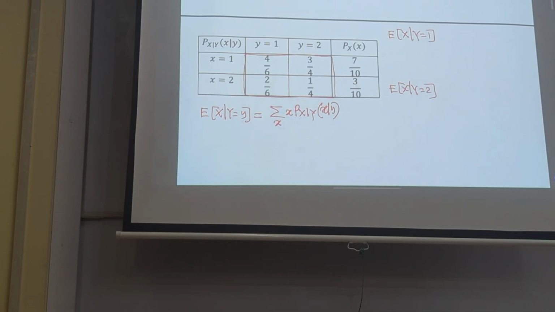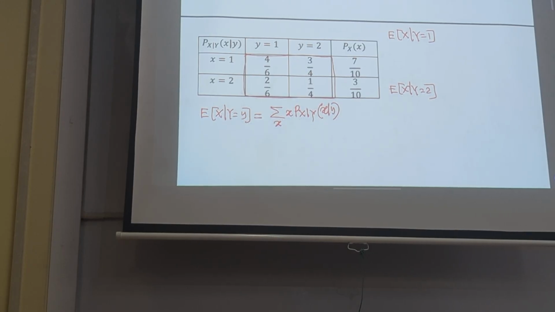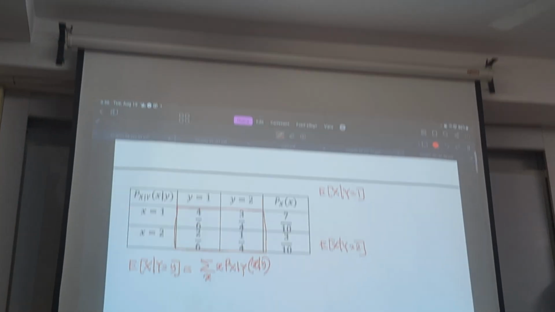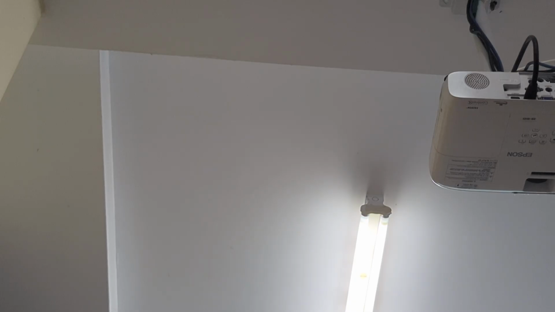Conditional expectation of x given y equal to 1, can we do that? This is very simple. What will it be? This one is equal to 1 times 4 by 6 plus 2 times 3 by 4. 3 by 4? No, you are right. 1 times 4 by 6 plus 2 times 2 by 6 equal to what? 8 by 6.